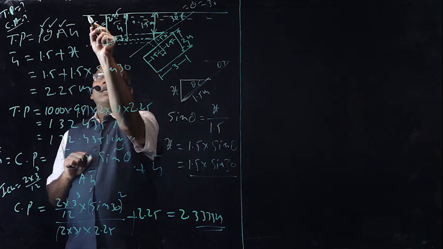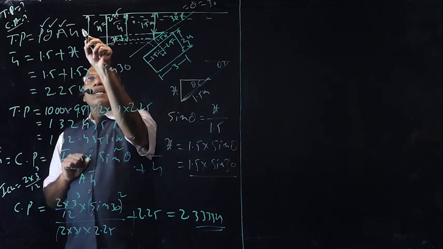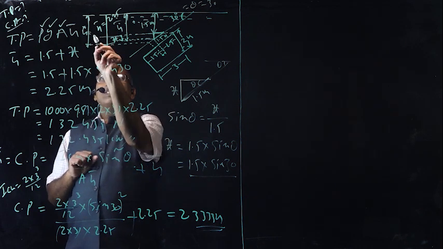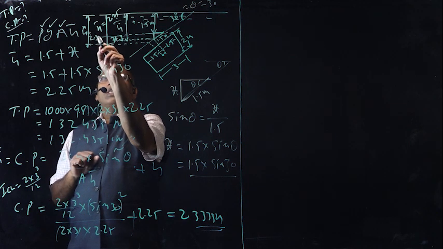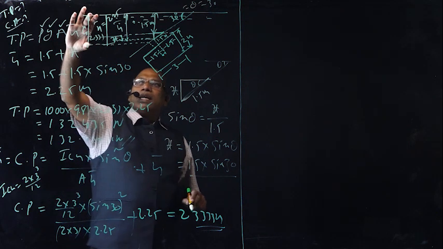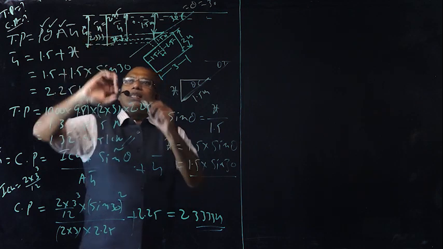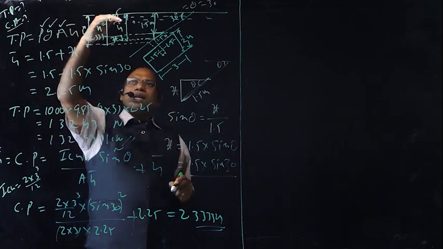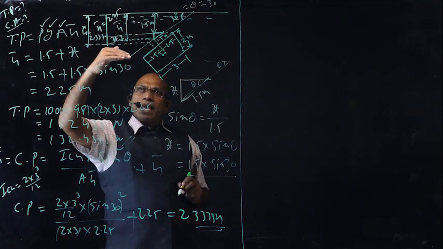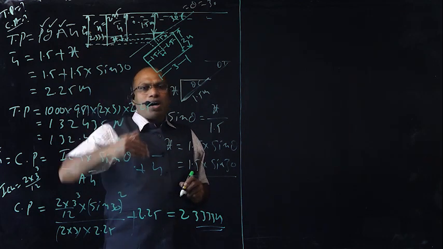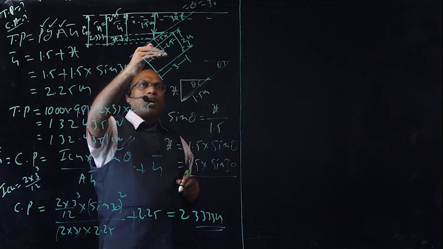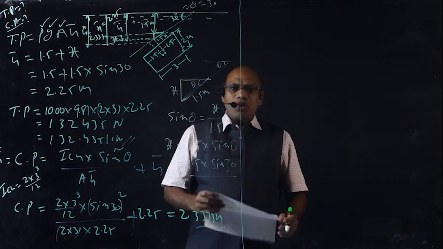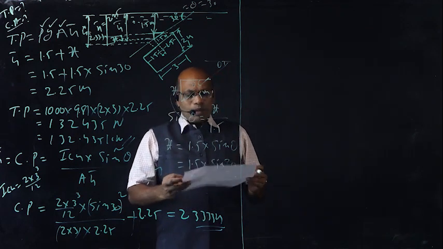Therefore this is the h star, that is the center of pressure, equal to 2.333 meters, while h bar is only 2.25 meters. Therefore the center of pressure lies below the h bar, that is, the distance between the center of the object and the free surface. Right? Now we are going to solve one more problem. Please note down.